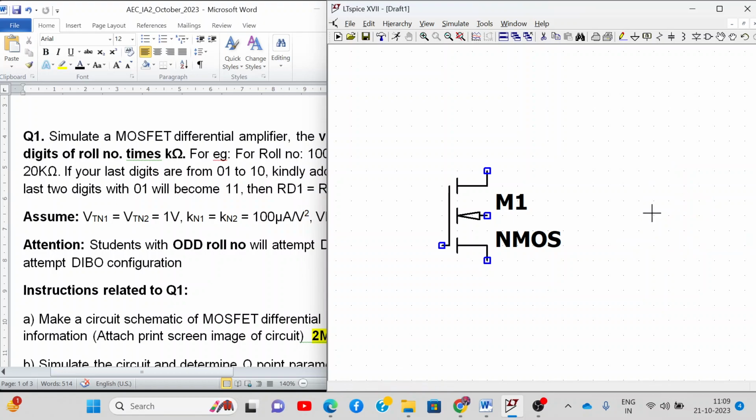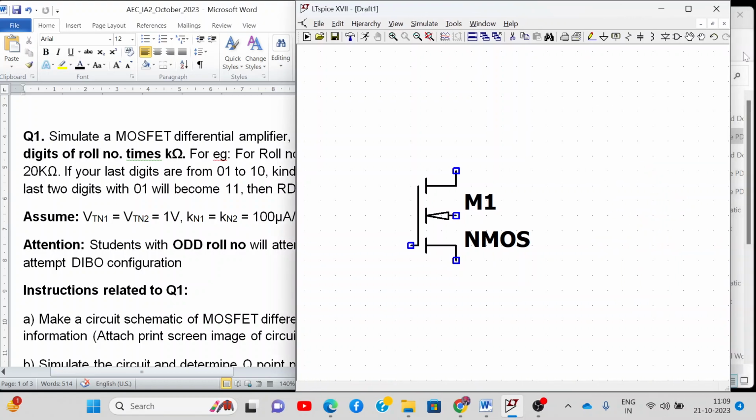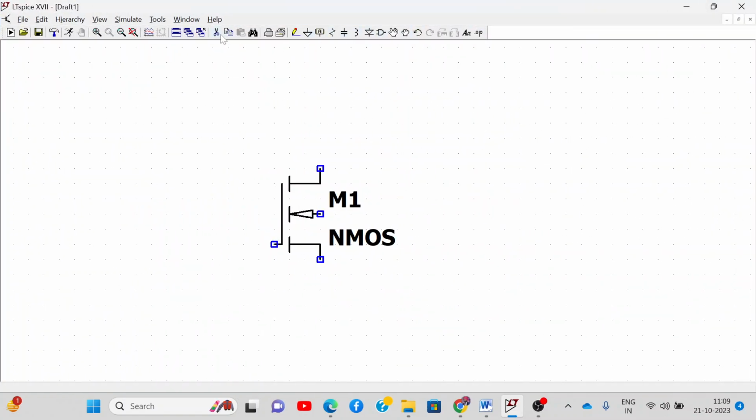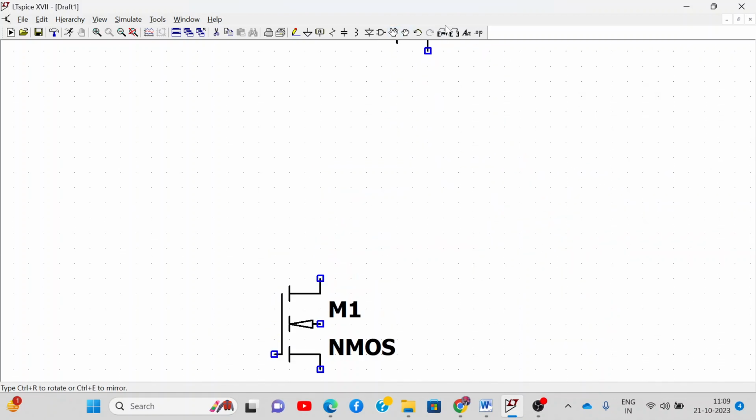So how to do it is, you select the MOSFET, and I'll copy the MOSFET over here. Now I want to mirror image it. So I'll select this, and here I'll press mirror.